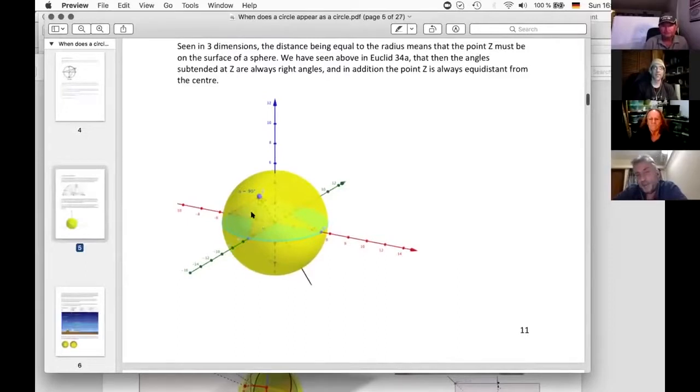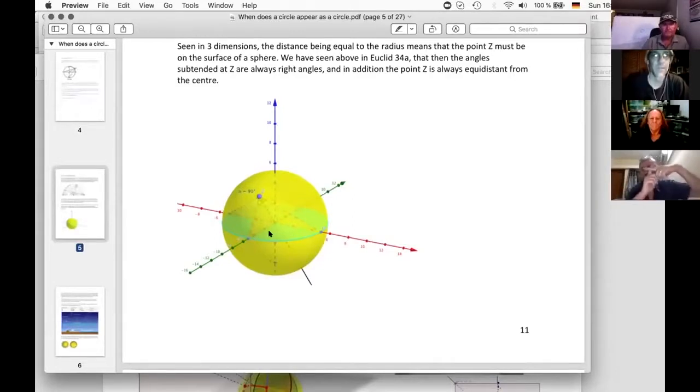And if we agree that the diameter of the sun, if this green one is the sun I'm looking at, is 32 miles, then it means that 16 miles is the radius of the sphere. And if I'm anywhere on that sphere, then that will always appear to be a circle, because the distance from here to here, or from there to there, is always going to be the same.